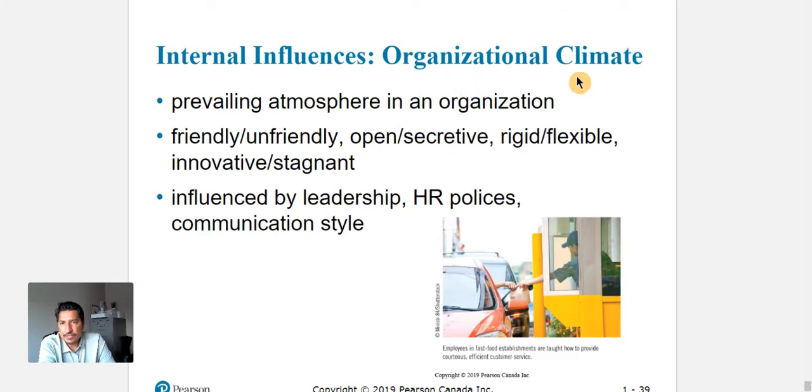Internal organizational climate: friendly, unfriendly, open, secretive, rigid, flexible, autocratic, or democratic. Are you free to express your feelings if you have been asked? All these are human resource policies, communication style.